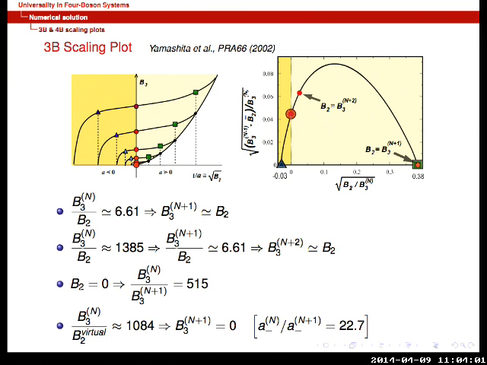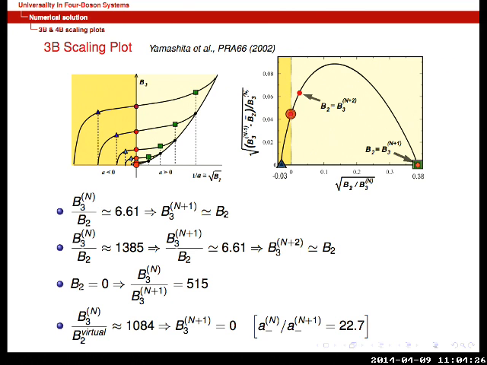So if the binding energy ratio with respect to the energy of the virtual state reaches this ratio, the next trimer appears. It is also true for this state, and this state. So when we increase the scattering length to infinite scattering length, we should see the Efimov trimer with the binding energy ratio about 550.